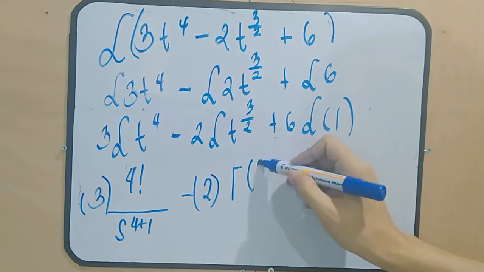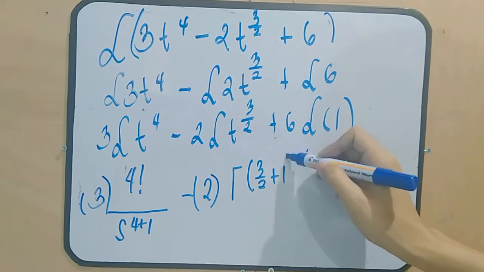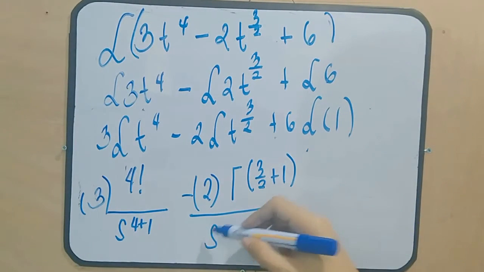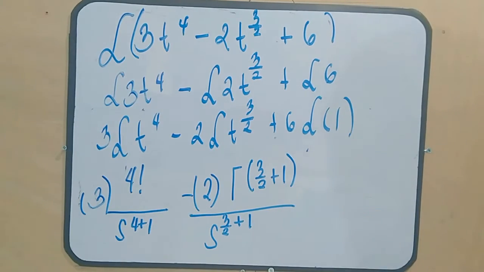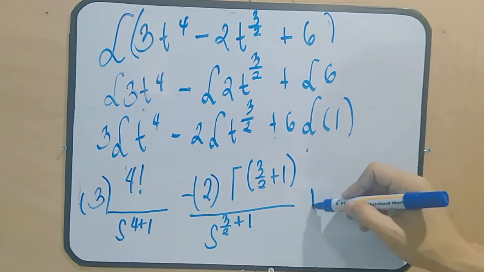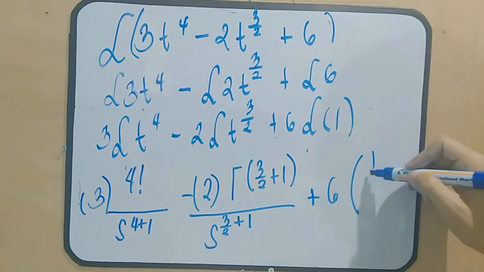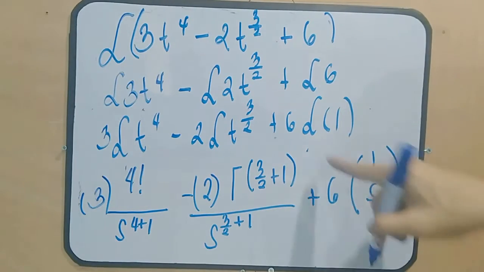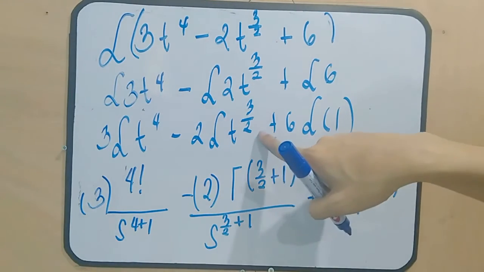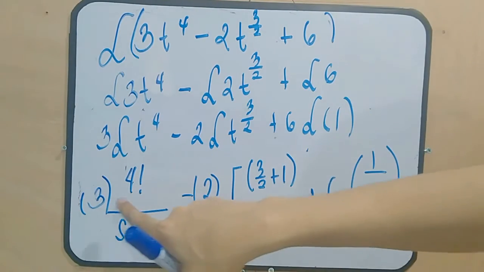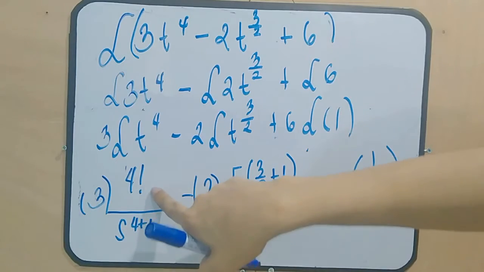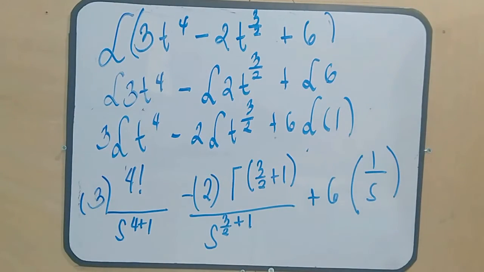So, a natin here is 3/2 plus 1 all over s raised to 3/2 plus 1. We have here plus 6 times 1 over s. So, ito guys, Laplace transform of 1. Ito yung Laplace transform nitong may exponent na fraction. Ito guys, yung Laplace transform if you have this whole number exponent.